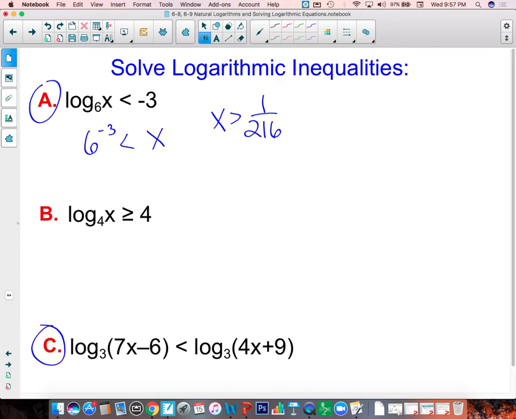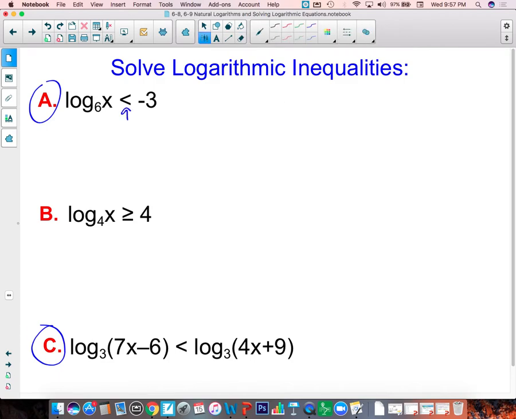On the next one, you're going to do it the same exact way. You would just raise it as a 4. So it would be 4 to the 4th is greater than or equal to x. All right, now I think I missed a step here. Looking at the beginning of the equation, I did not change my sign.